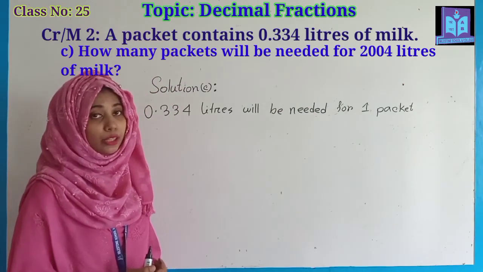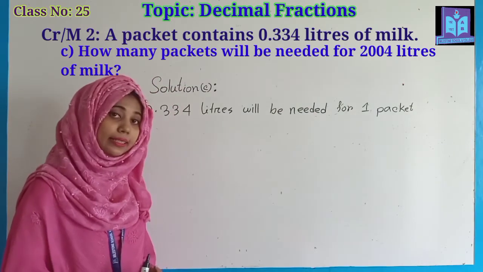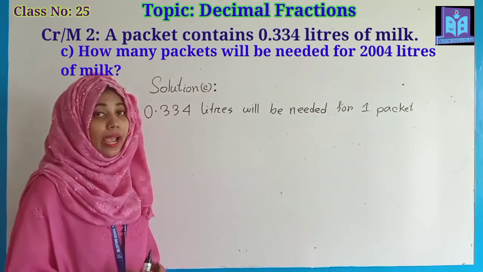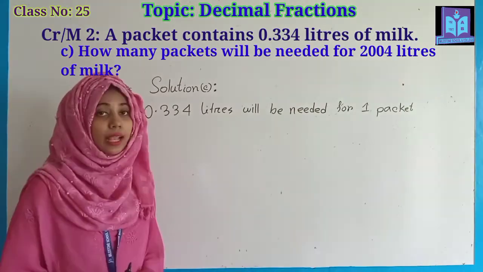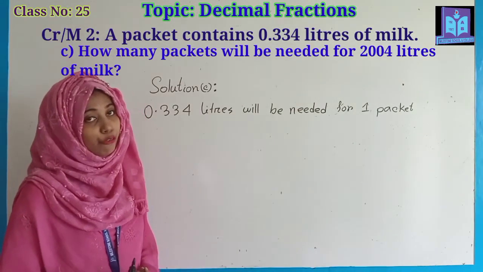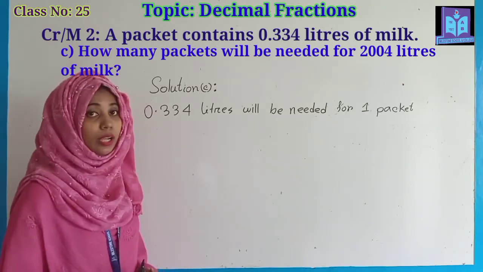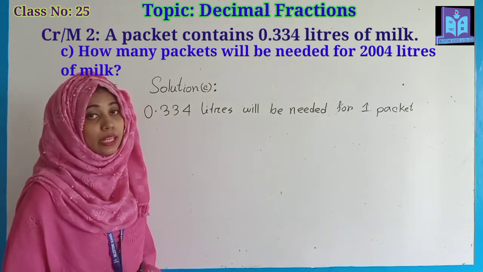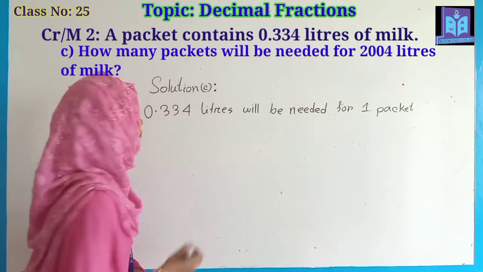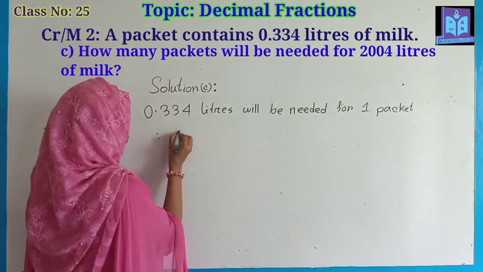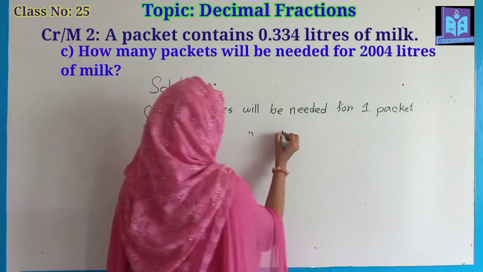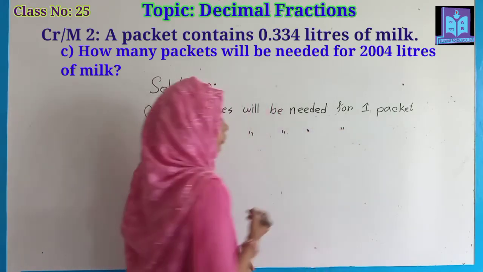By the unitary method we will solve it. Okay dear? That's why you have to find out how many packets will be needed for 1 liter. So how can I find out this? Using division. Therefore 1 liter will be needed for.